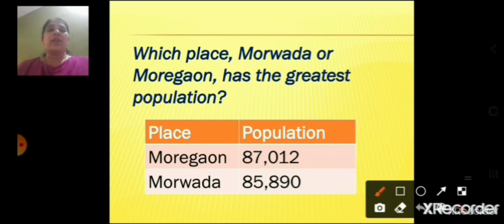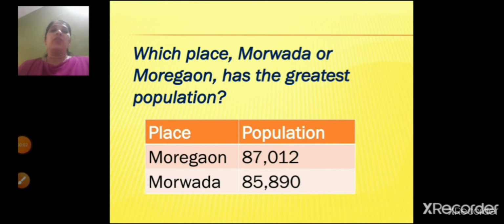Now again if I see from my left hand side children, here it is 8 and here it is 8, right? So both the numbers are the same. So we'll move to the next number. Next number is 7 and here next number is 5. So 7 is larger than 5, right? So that means 87,012 is the largest number than 85,890, right?